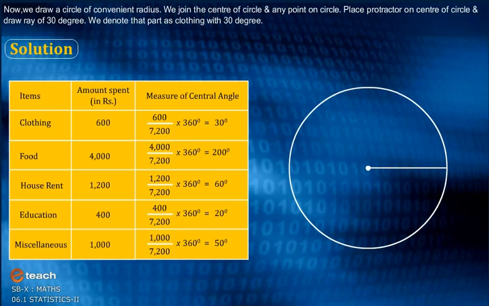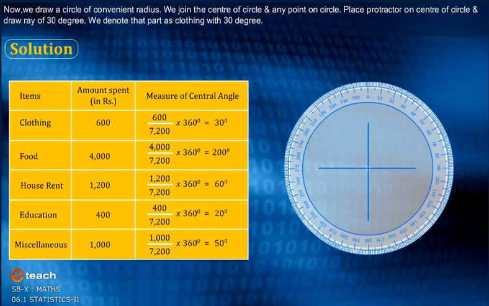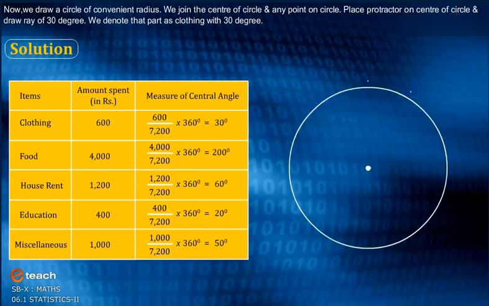Now we draw a circle of convenient radius. We join the center of the circle and any point on the circle. Place the protractor on the center of the circle and draw a ray at 30 degrees. We denote that part as clothing with 30 degrees.